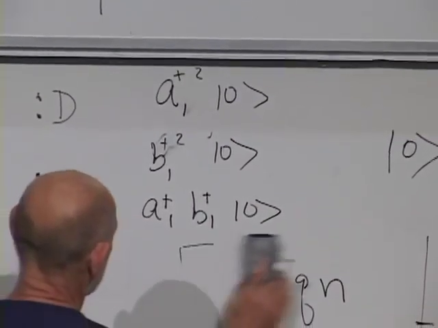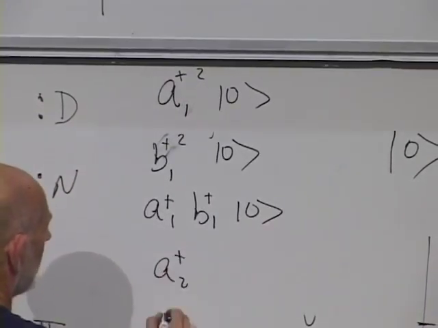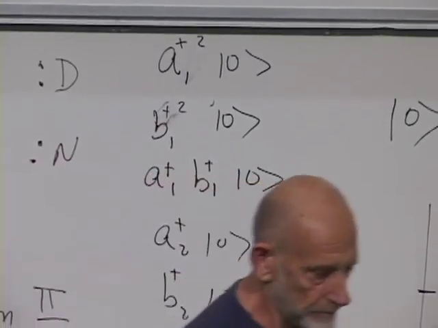And next, A2 plus or B2 plus. Oh no, 5 states, right? 5 states. Right.